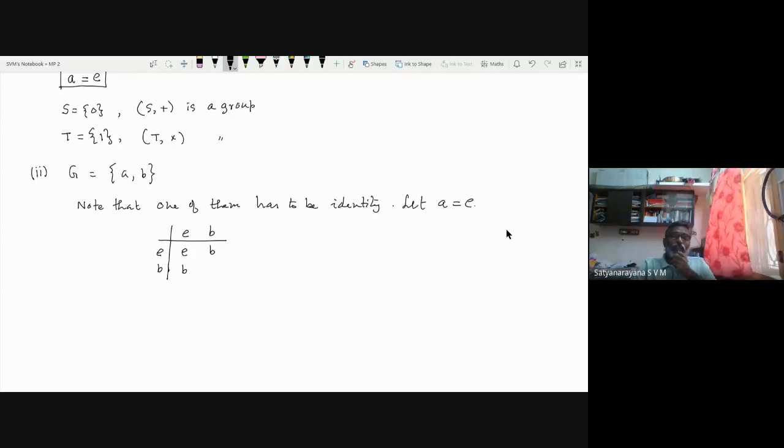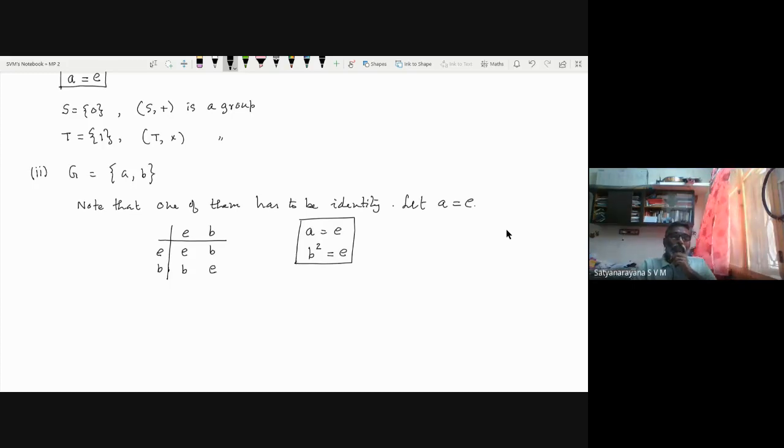So B has occurred, so this has to be E. So the condition is that A is equal to E and B square should be equal to E. This is the condition under which you have this to be a group.